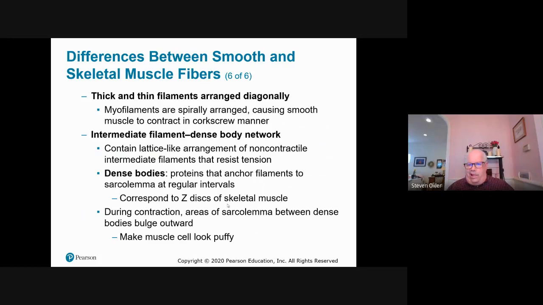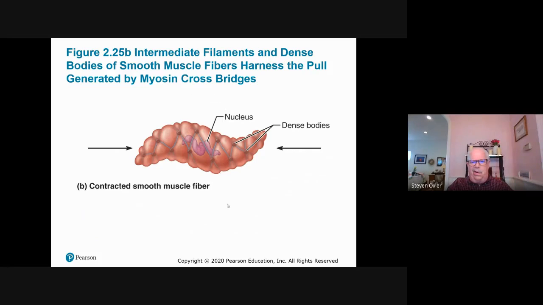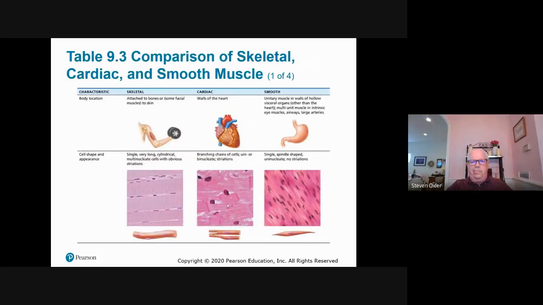There are really a lot of differences between them, but I think I have talked to you about the ones that are important. This slide is really not important. We talked about the caveoli, we talked about the other protein. So the comparison of skeletal muscle, cardiac muscle, and smooth muscle.